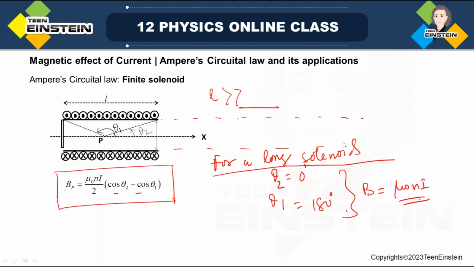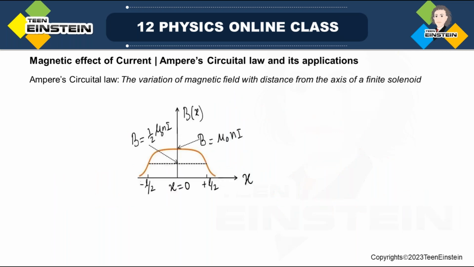Okay, so this is the thing. All right, we'll go to the next topic. Before that, we'll just discuss how the magnetic field varies for a solenoid with distance, at any point.